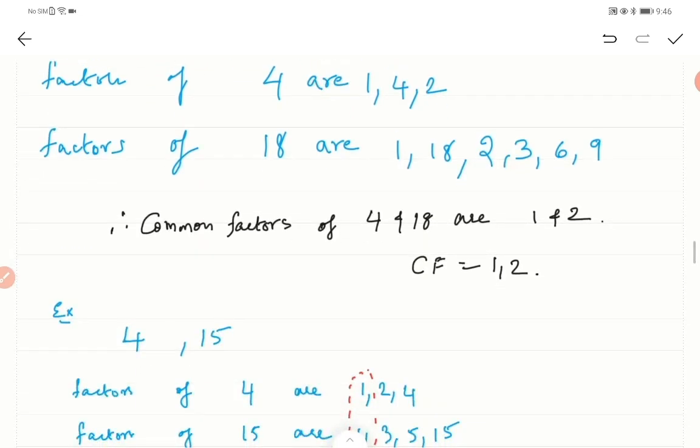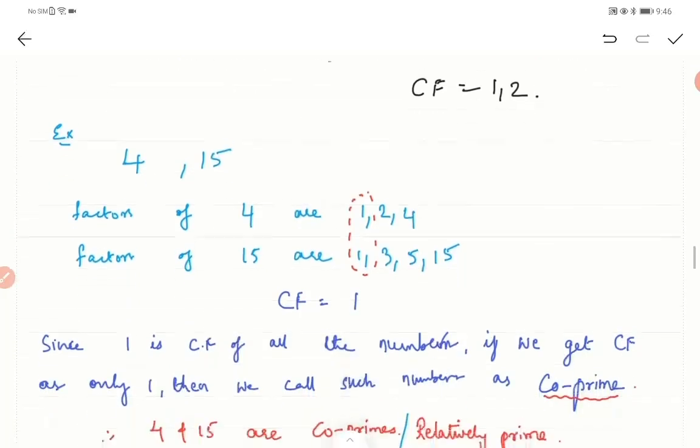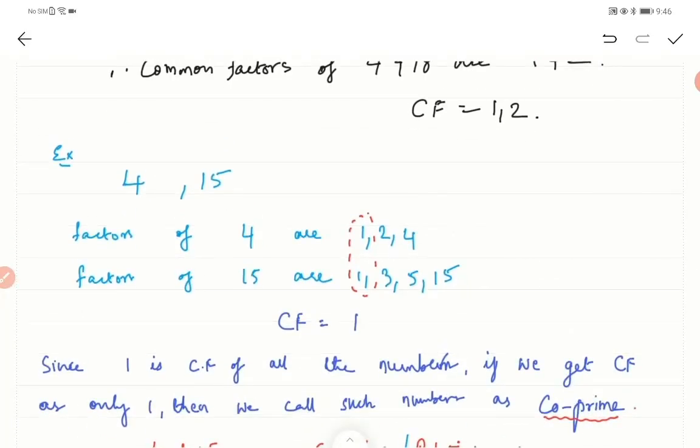If I take one example like 4 and 15, the factors of 4 are 1, 2 and 4, isn't it? Factors of 15 will be 1, 3, 5 and 15. So in common between these two, 4 and 15, there is only 1, isn't it?